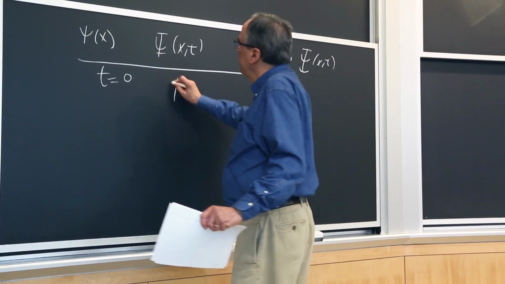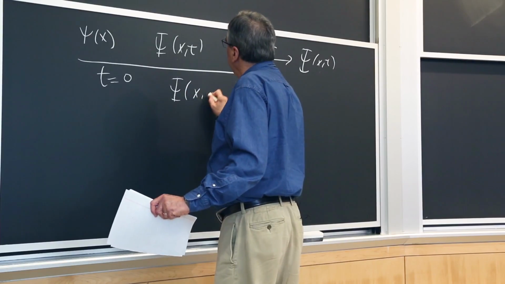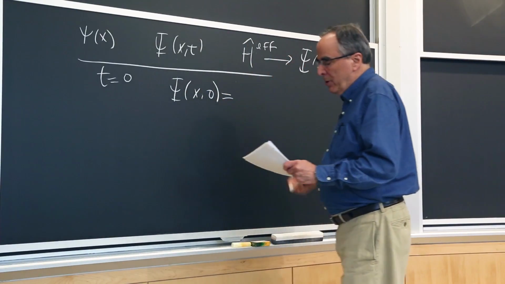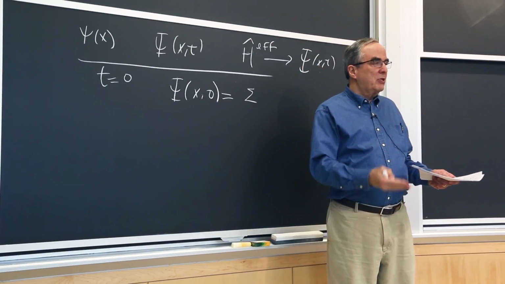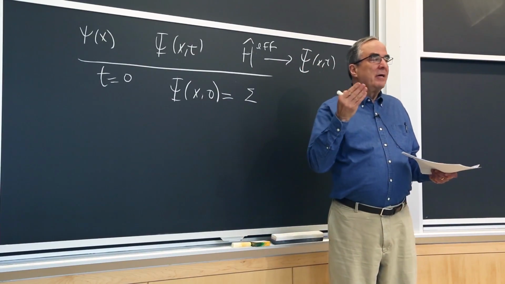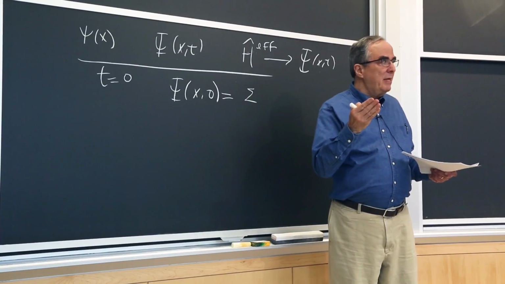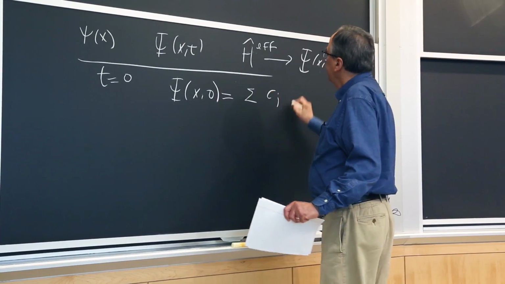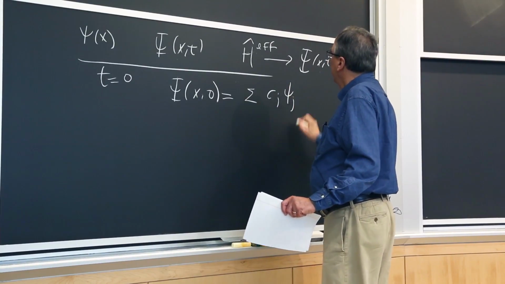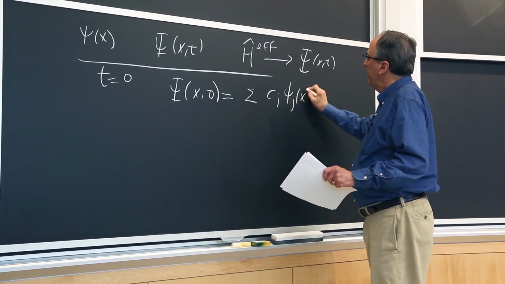So at t equals 0, we have this thing which, if we have a complete set of eigenfunctions of the time-independent Hamiltonian, we know we can write as Cj psi j of x.